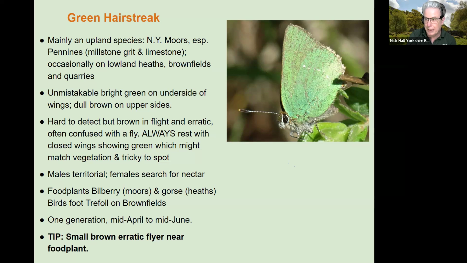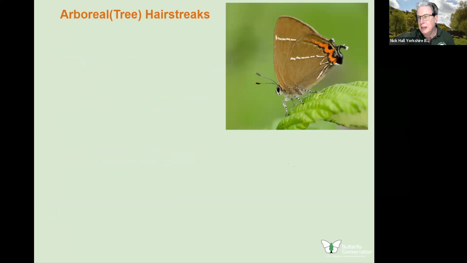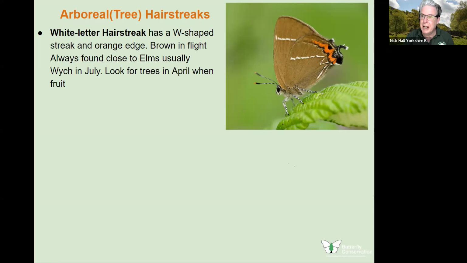So we move on now to the arboreal or the tree hair streaks. These are the most under-recorded butterfly. They're surprisingly common, but we don't often see them. And this particular one, the white letter hair streak, is regarded as scarce.